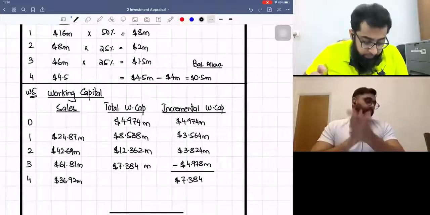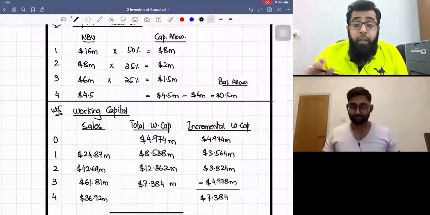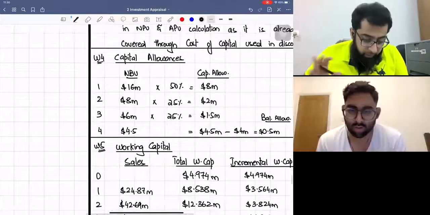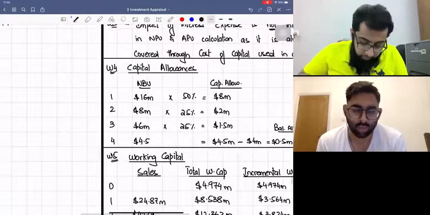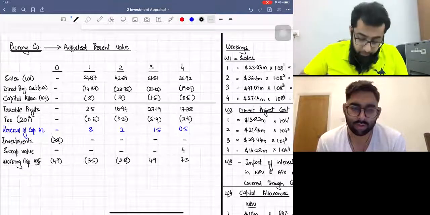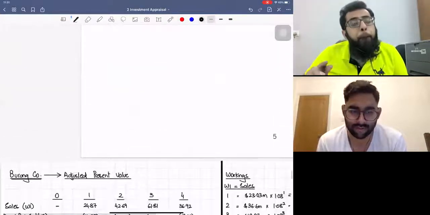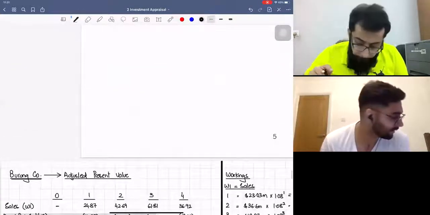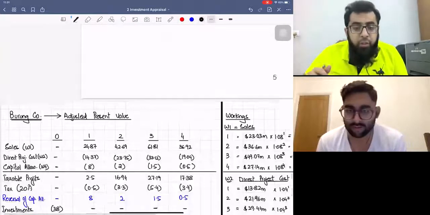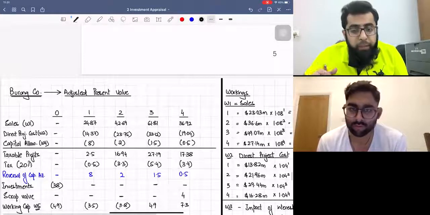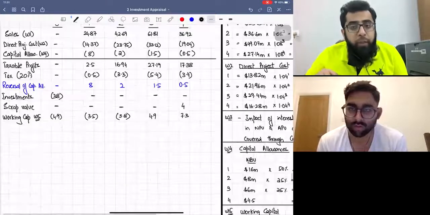We are done with sales, direct project cost, capital allowance, taxable profit and reversal of allowance. So you flip, so there's negative. In the initial 3 years we required the investment, and then we took out the amount from the working capital.